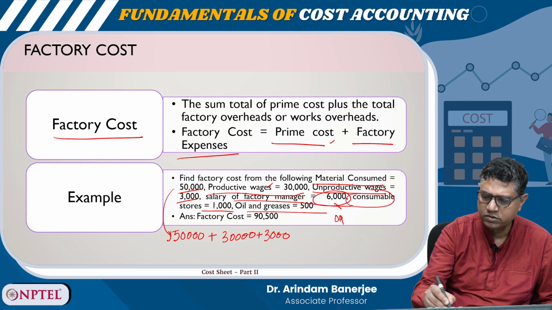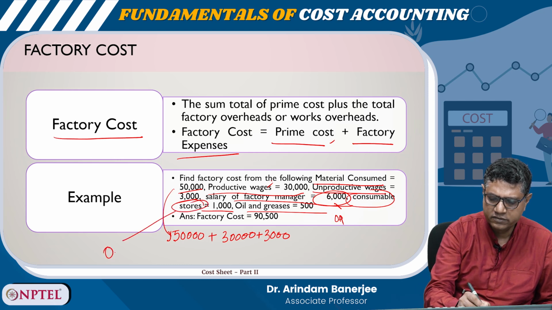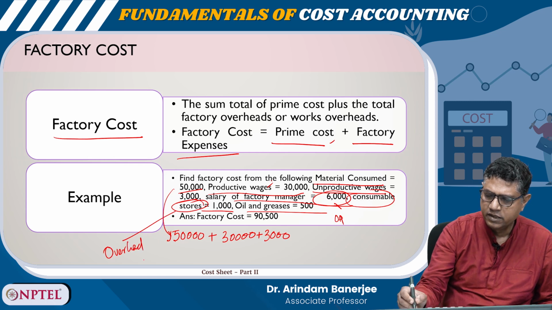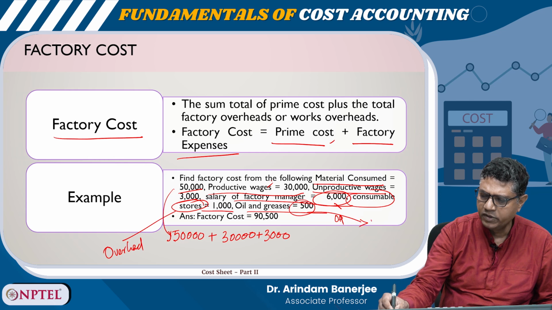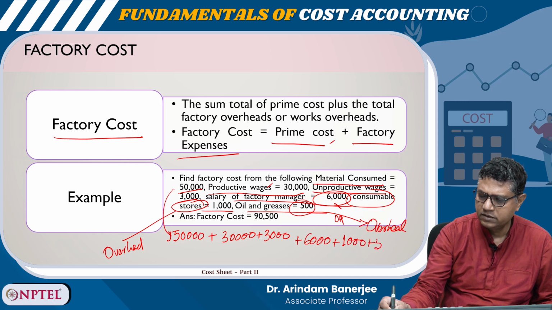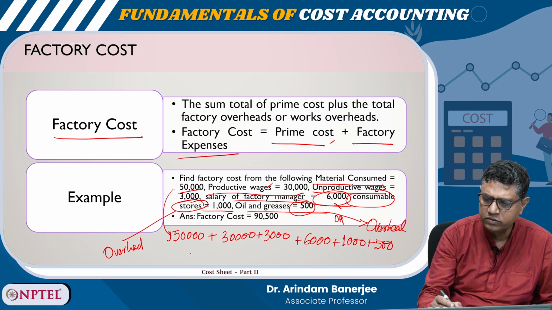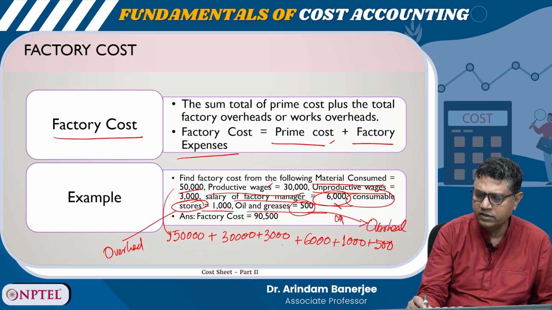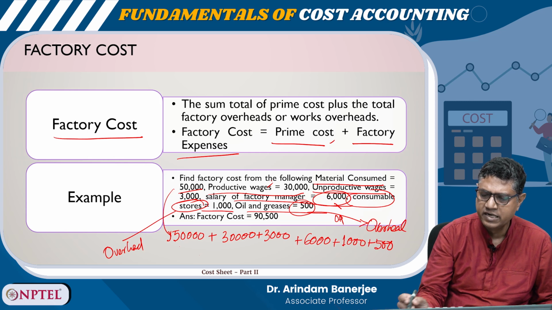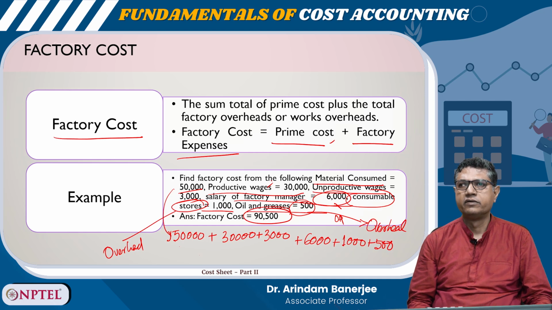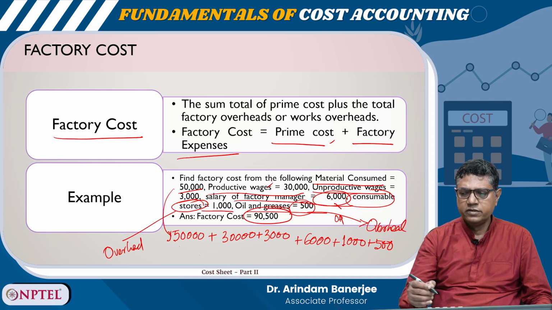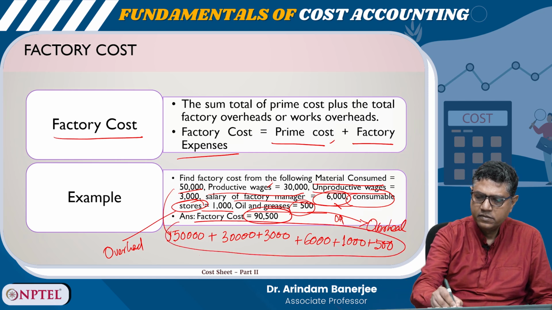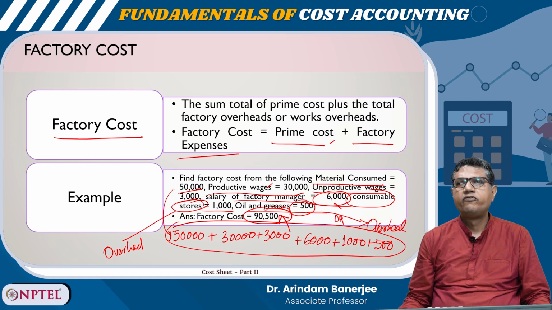This consumable store is also an example of overhead. This oil and grease is also an example of overhead. So, I can add 6,000 plus 1,000 plus 500. Now, if you add 50,000 plus 30,000 plus 3,000 plus 6,000 plus 1,000 plus 500, it should come to 90,500. Okay. So, by adding this, you can get the final factory cost.